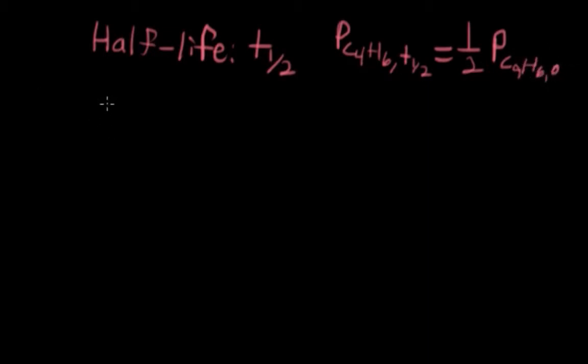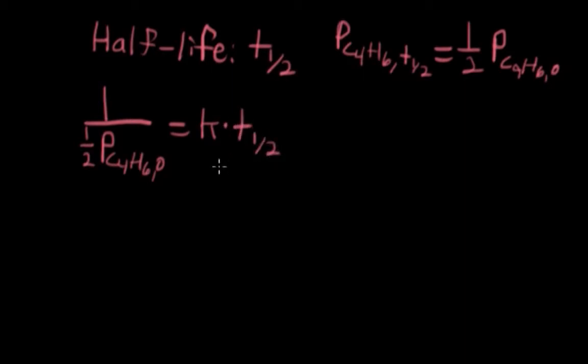So substituting this into our integrated rate law, we get 1 over 1/2 the initial partial pressure of C4H6, because this is the partial pressure at this given time, equals k times the half-life t, because that is the time we're comparing this to, plus 1 over the initial partial pressure of C4H6. And so now we set about solving this.